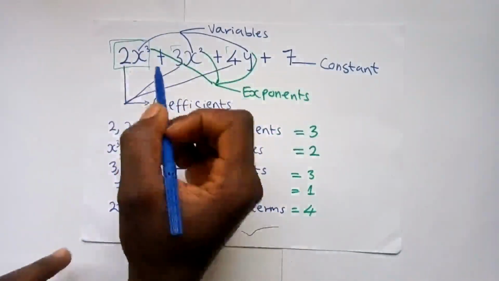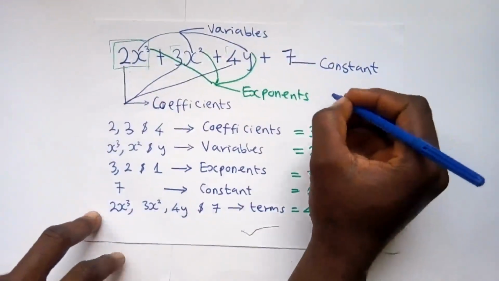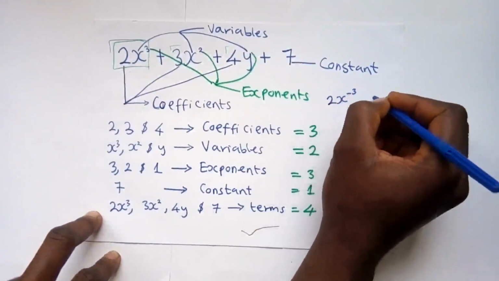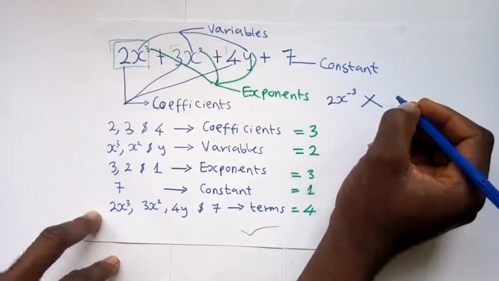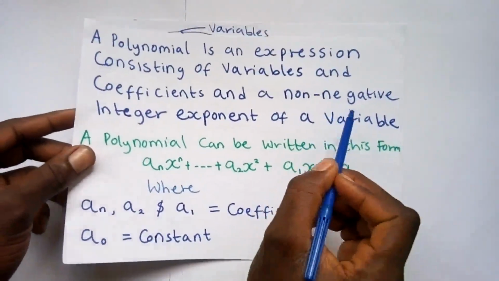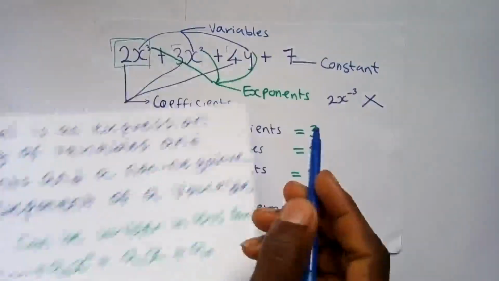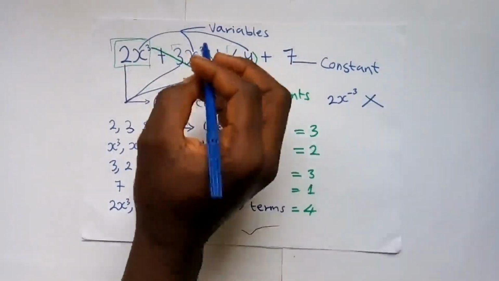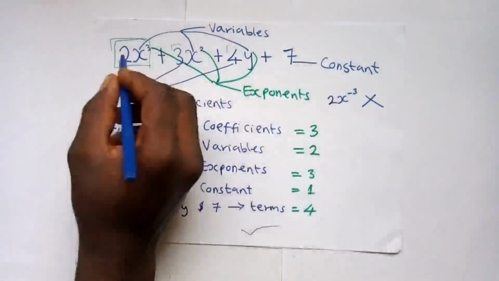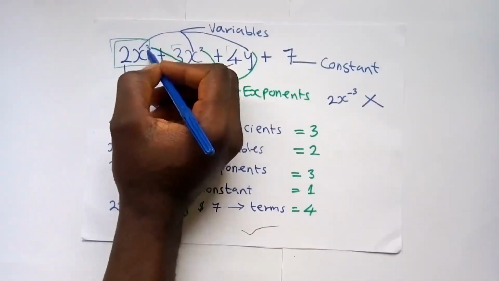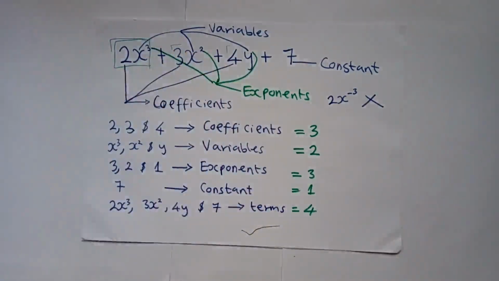This means that something like 2x raised to the power of minus 3 is not a polynomial, because a polynomial must not contain a negative exponent. So the power of the variable must not be a negative number. So all polynomials can be in this format, making sure that the powers of the variable are non-negative.